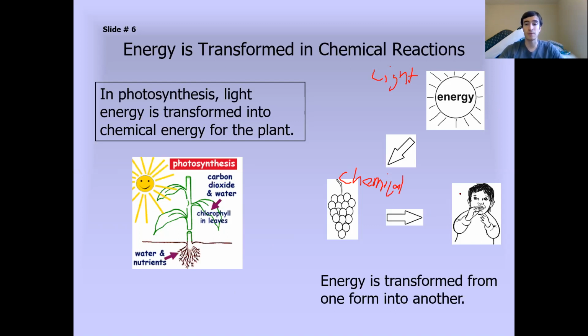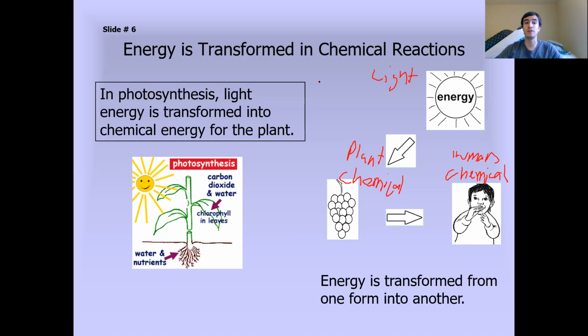And then when we eat the grapes, we turn the plant chemical energy into human chemical energy. So we eat those grapes, we get that sugar and chemically change it into energy molecules that our cells can use to power our body.